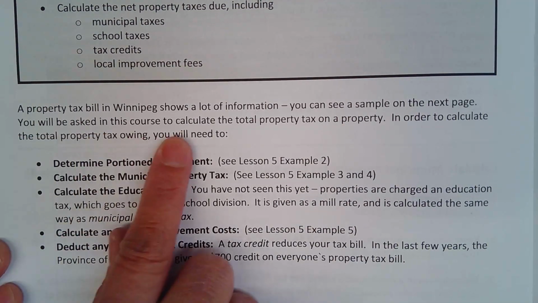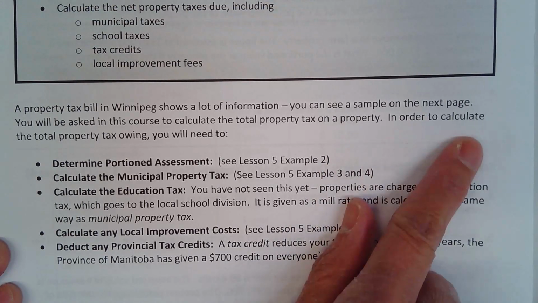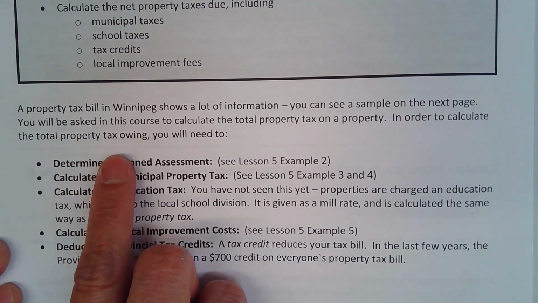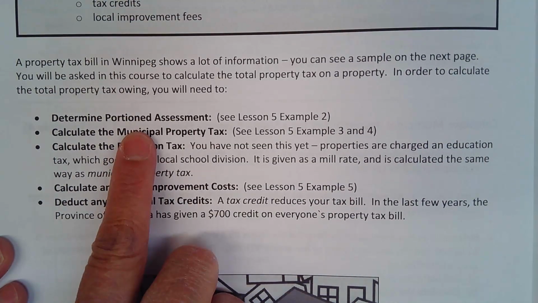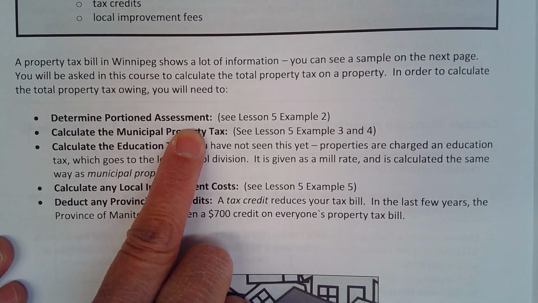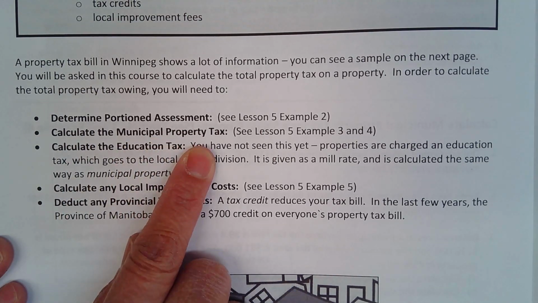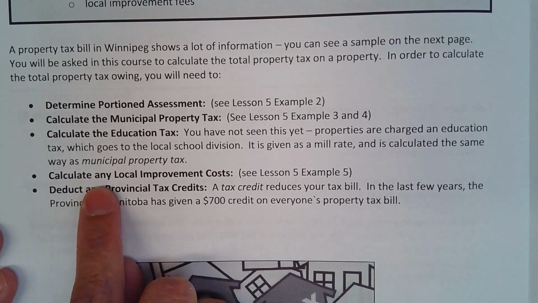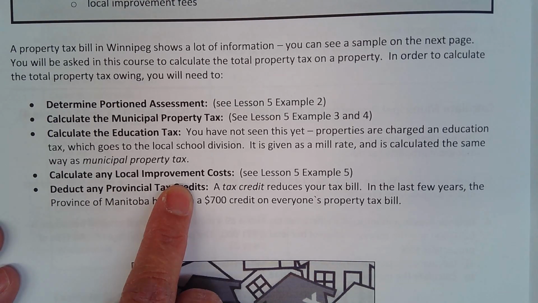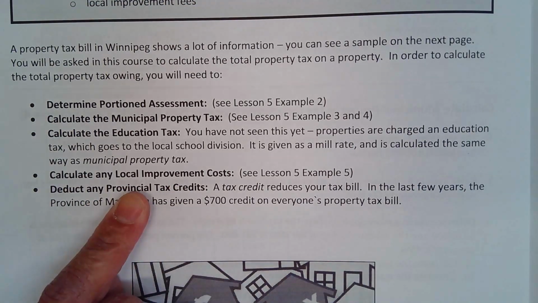You will be asked in this course to calculate the total property tax on a property. In order to calculate the total property tax owing, we need to determine the portion assessment. We also need to calculate municipal tax, education tax, the local improvement, and then the tax credit that I talked about.